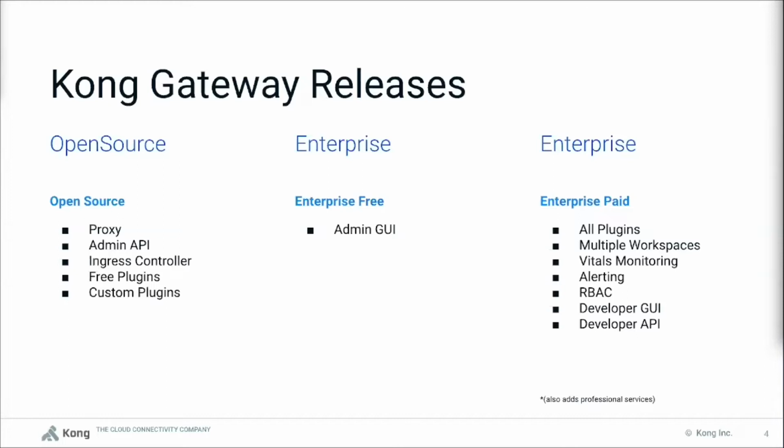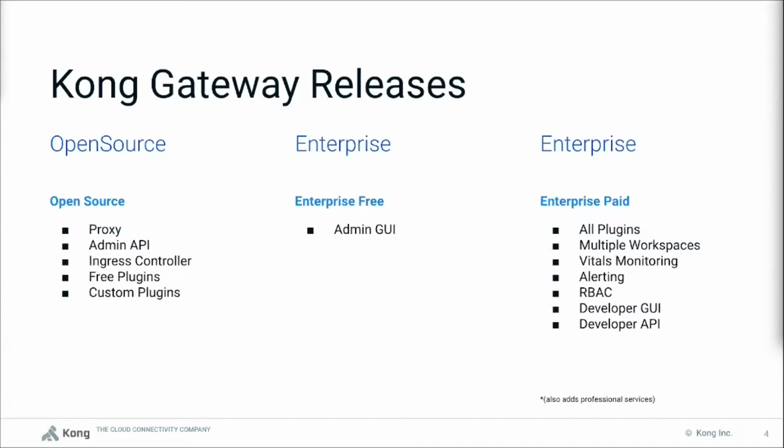So there are the licensed tier plugins. Multiple workspaces is actually a really neat feature that when I was first learning Kong, I underrated in my mind. The vitals for built-in monitoring and alerting.